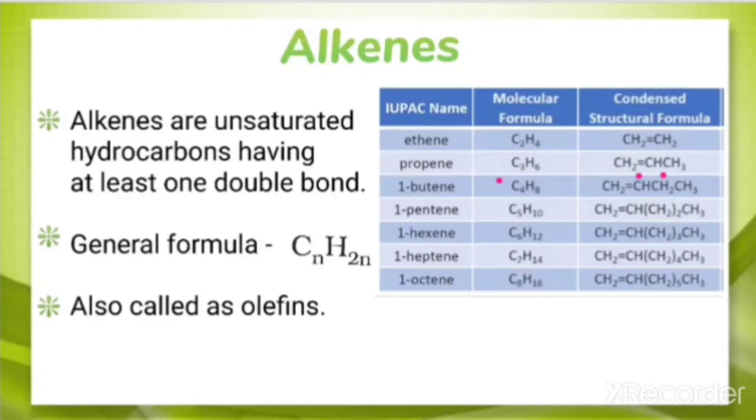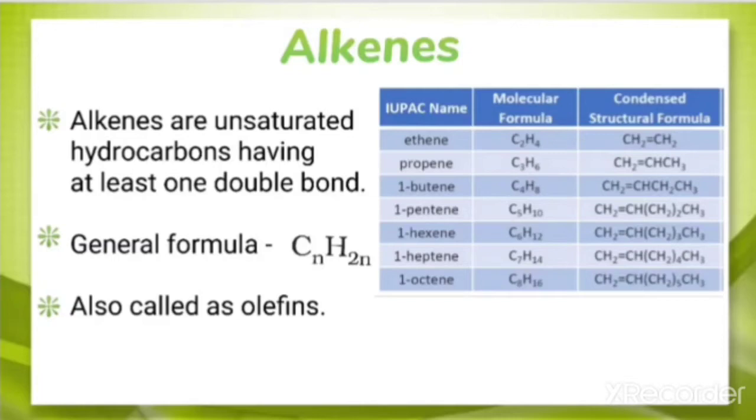So the definition we wrote for alkene, the unsaturated hydrocarbon having at least one double bond, doesn't mean that all the carbon-carbon bonds should be double. Only if a single double bond is there, then it comes in the category of alkenes.